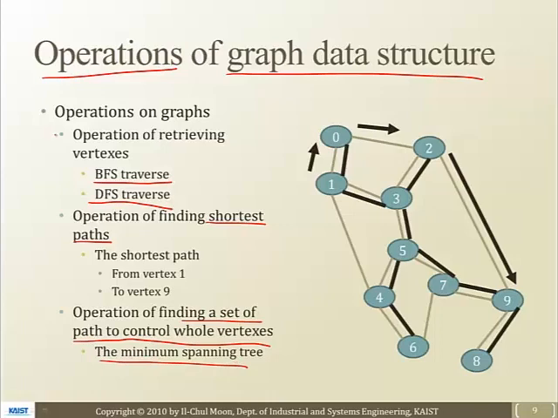So one thing is the traversing problem. Why do we have the traversing problem? Because in the tree structures and the linked list, it was very easy to get all the information out of the linked list.